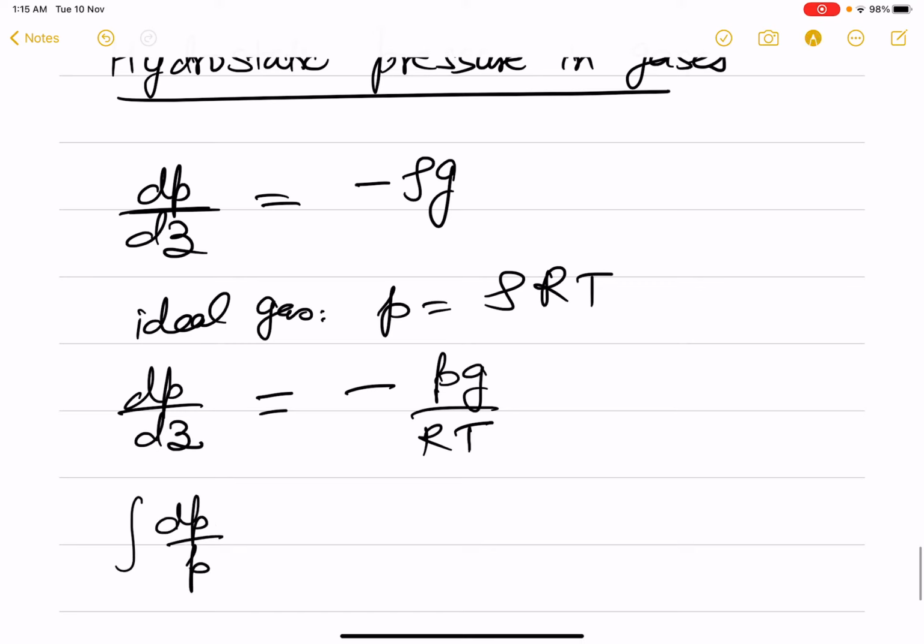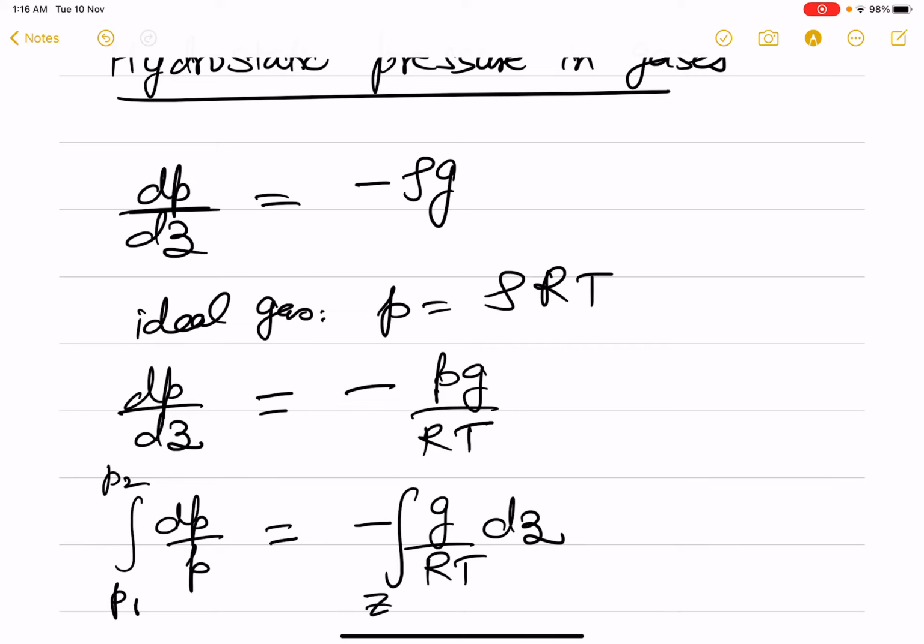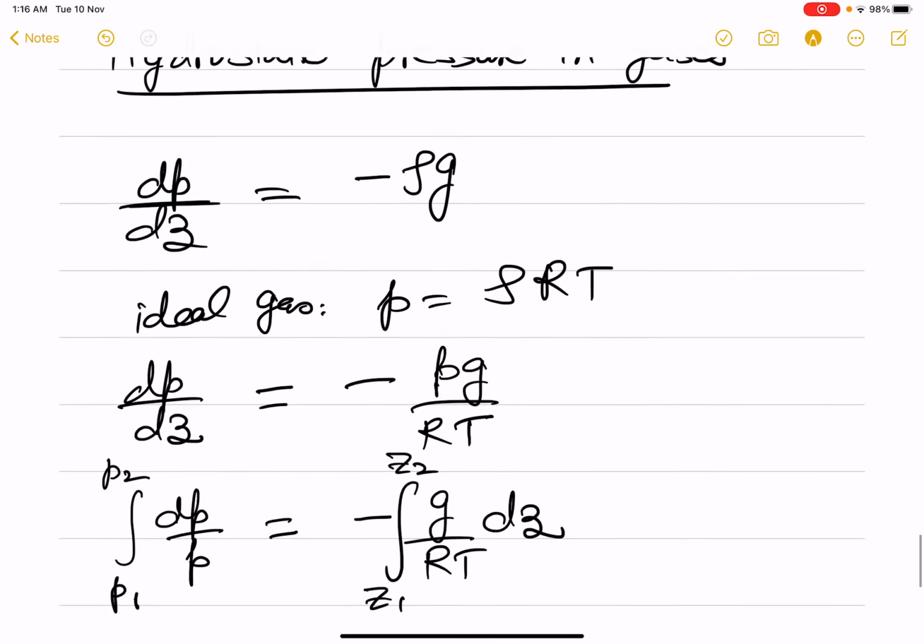And this gives us integral dP by P is equal to minus g by RT times dz. Now P goes from P1 to P2 and z goes from z1 to z2.